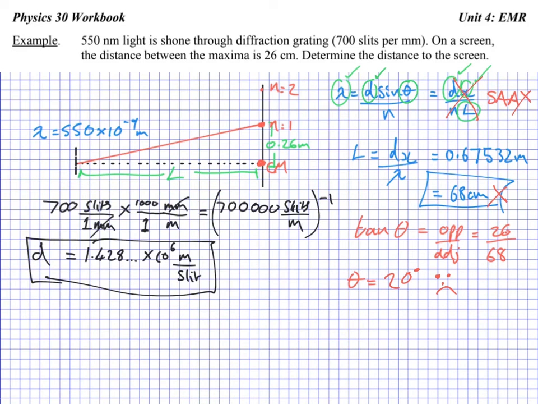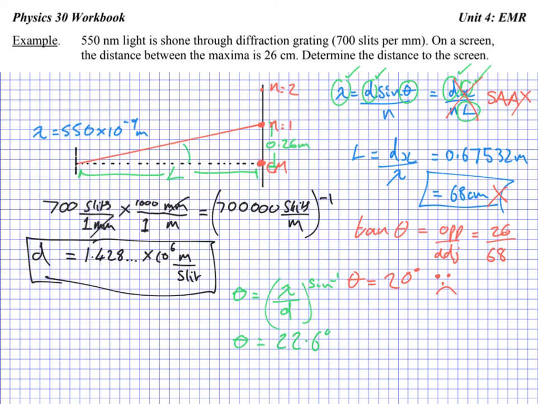So let's quickly do that. The angle is going to be the wavelength divided by D, inverse sine. Okay, so my angle using this strategy is 22.6 degrees.